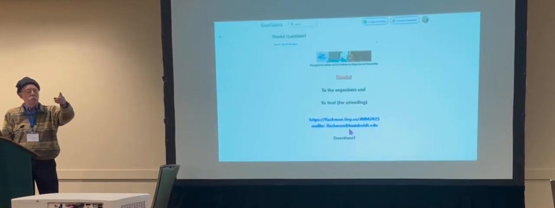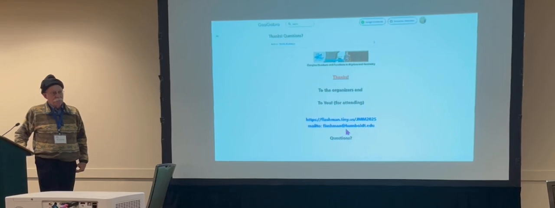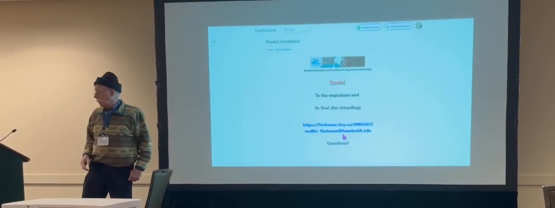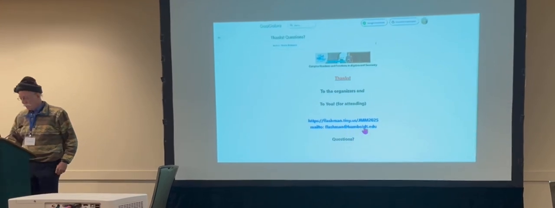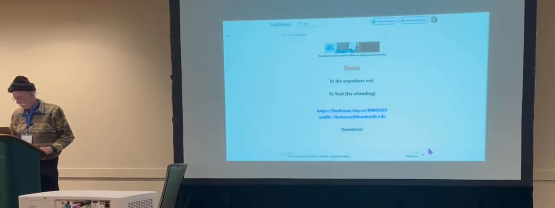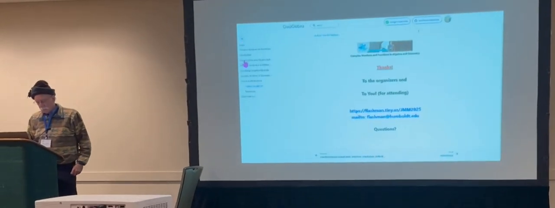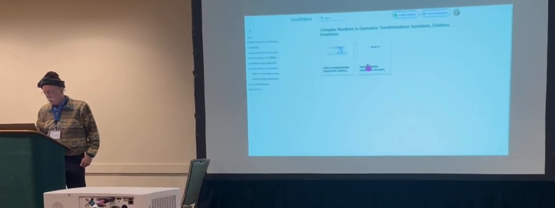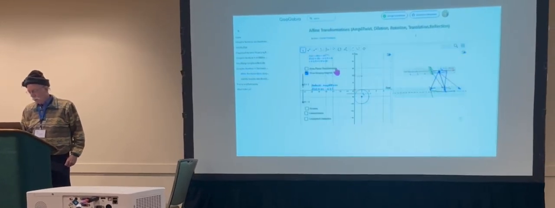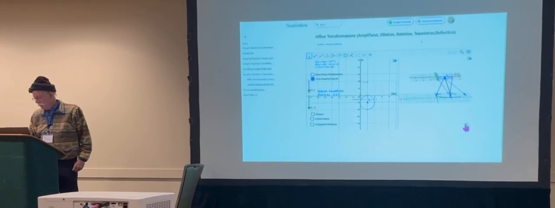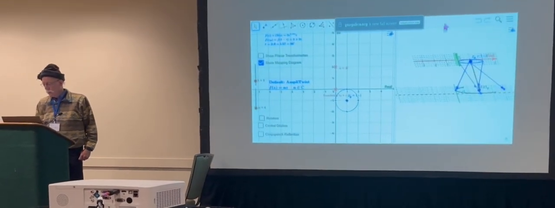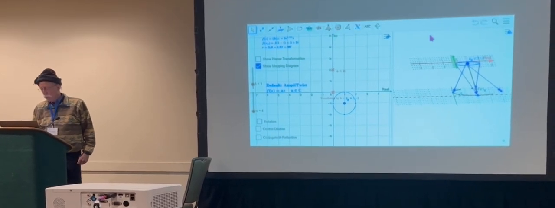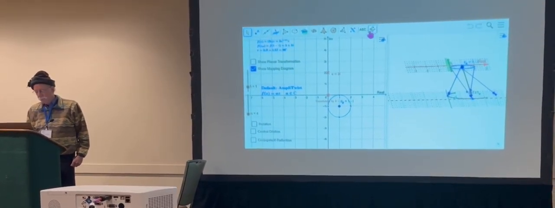Did I hear you say that you can wear 3D glasses with GeoGebra and see some of this? Yeah, I can show you just quickly. Let's go back down. So, I think this has, go here, and there's a view in here.